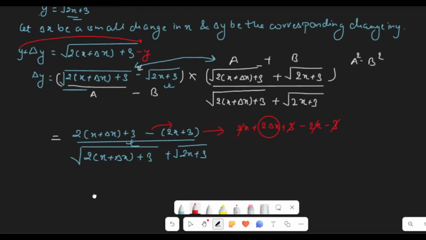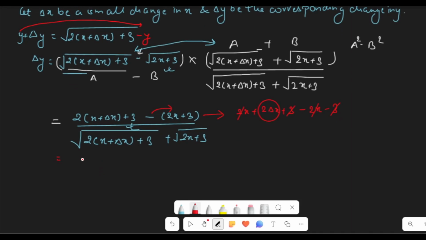Therefore, it will be 2 del x divided by the denominator, which is the same as before, root 2x plus del x plus 3 plus root 2x plus 3. So now this is del y.